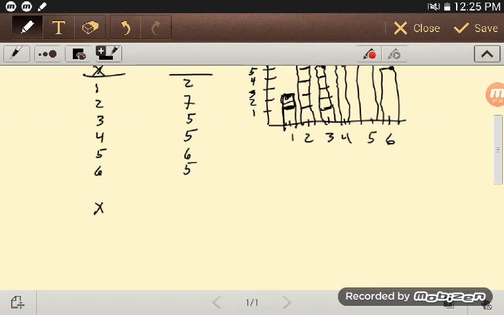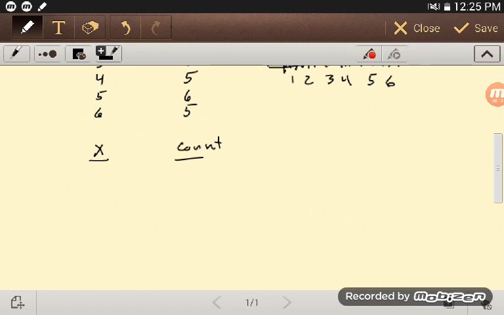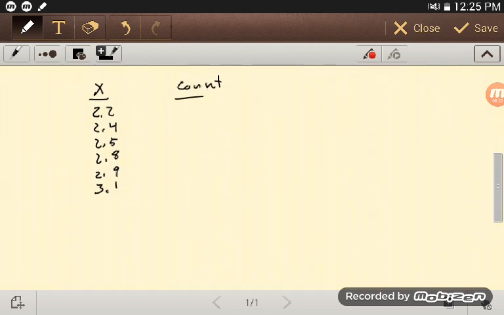I might have something like this where maybe I measured the length of some leaves on trees, and I got 2.2, 2.4, 2.5, 2.8, 2.9, 3.1. Just for my convenience, I'm putting them in some kind of order here.